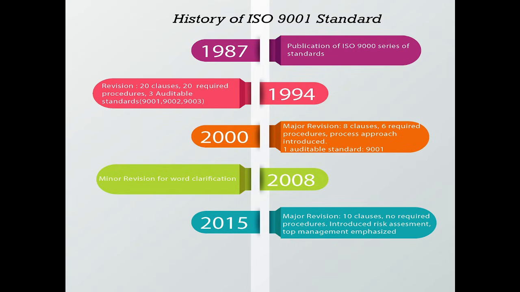Then in the year 2000, there were major revisions. From the 20 clauses, they were reduced to 8 clauses. From the 20 required procedures, they were reduced to 6 required procedures, and process approach was also introduced. And from the three auditable standards, one auditable standard, that's 9001, was retained.